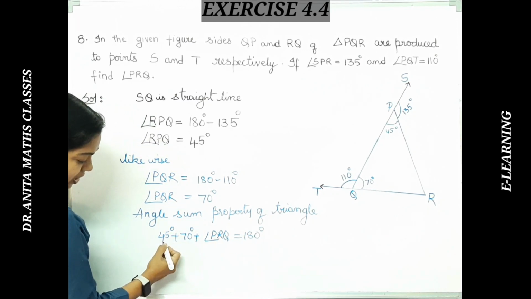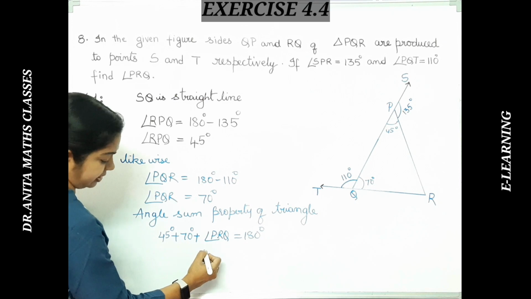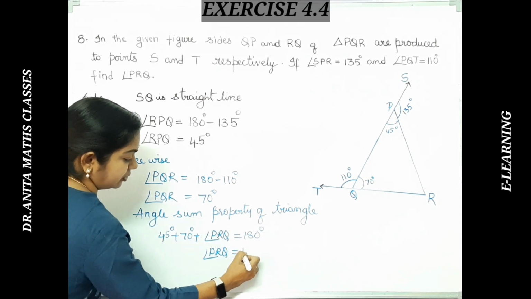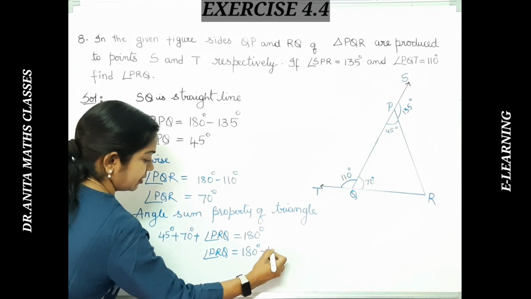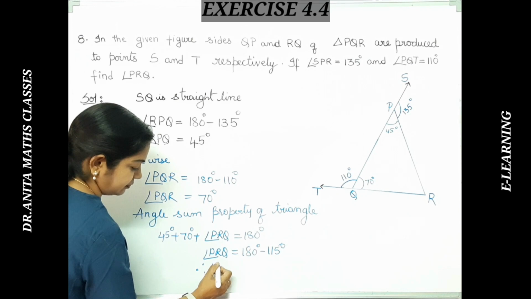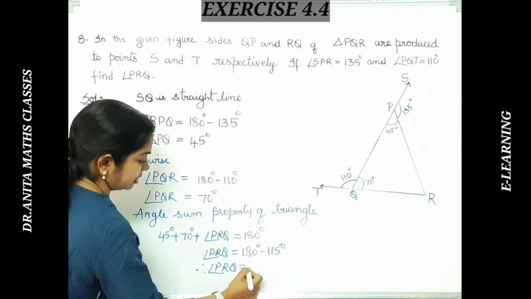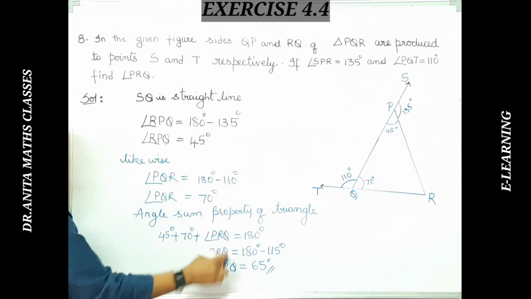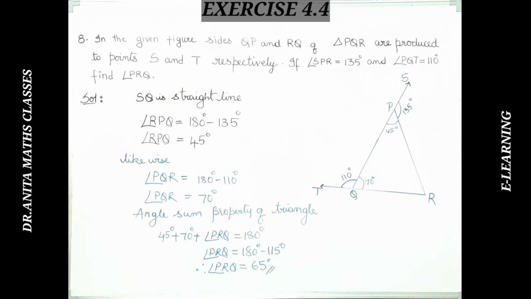This becomes 115, so PRQ is equal to 180 degrees minus 115. Therefore angle PRQ is equal to 65 degrees. That is what we had to find. Right, pause the video and note it down.